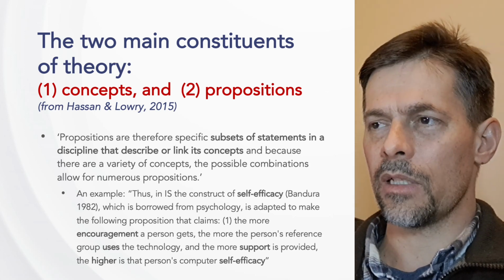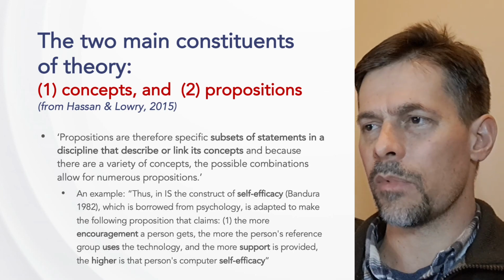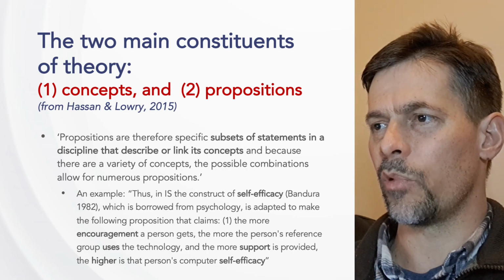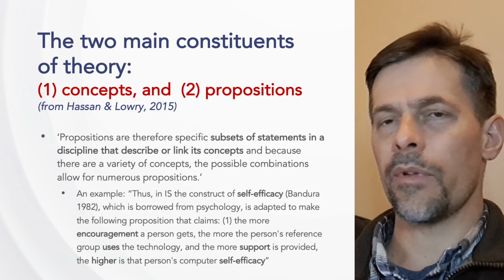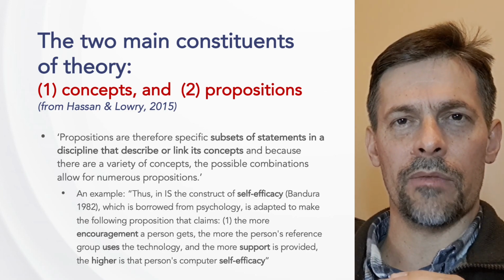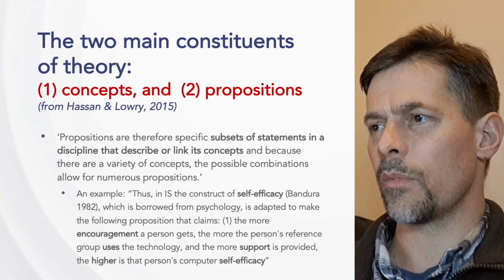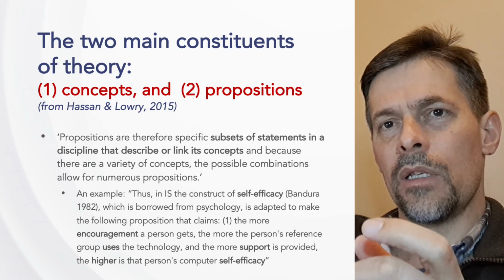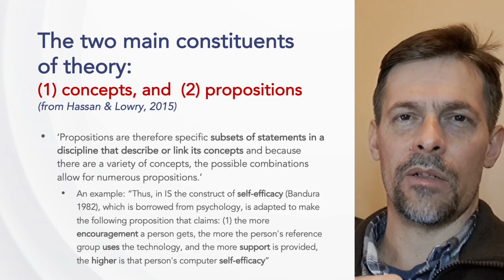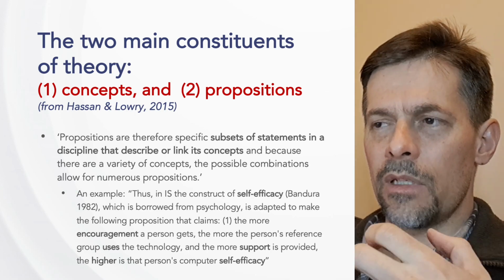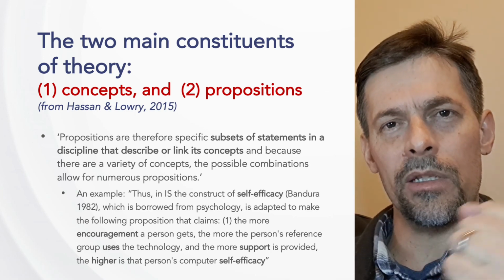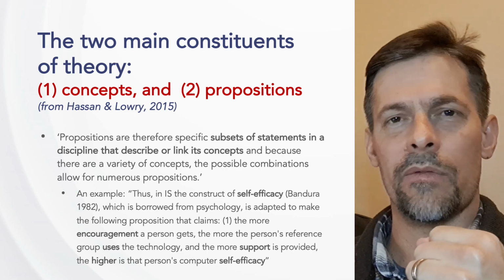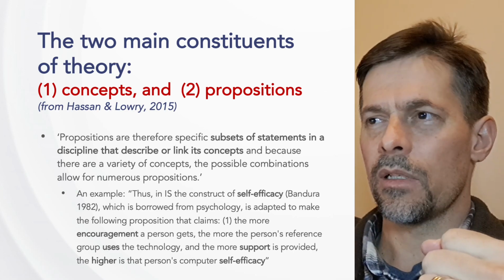Now, in that proposition, there are a couple of concepts, for example, encouragement, support, and self-efficacy, but then there are also words that describe the relationship, like the more encouragement, the more the reference group uses the technology. So that statement, which is a proposition, actually brings together the two main constituents of theory, which are concepts and propositions.